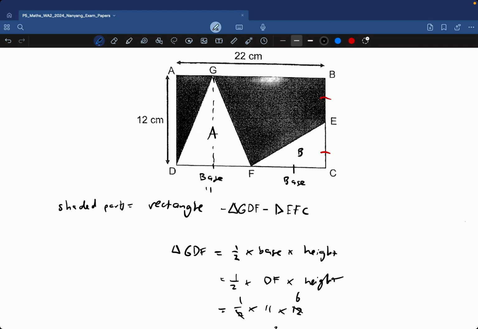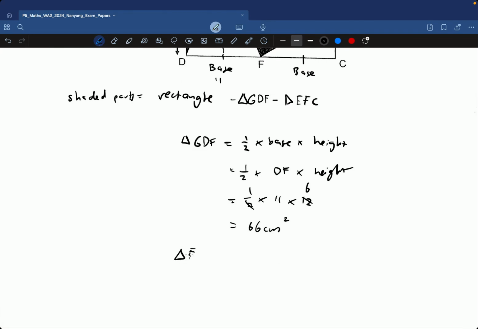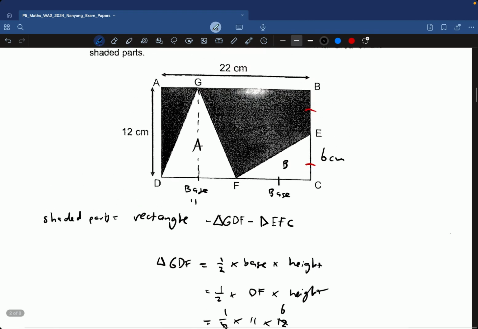EC is half of 12 centimeters, so 12 divided by 2 is 6 centimeters. That means the height is 6 centimeters. So triangle EFC is equal to half times the height 6 and the base, which is not 12, sorry, 11.